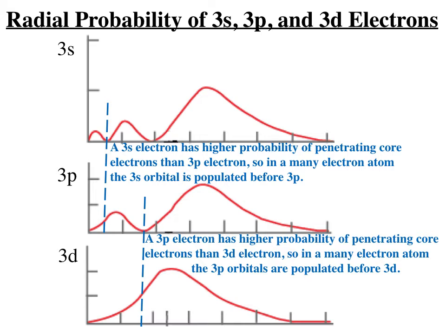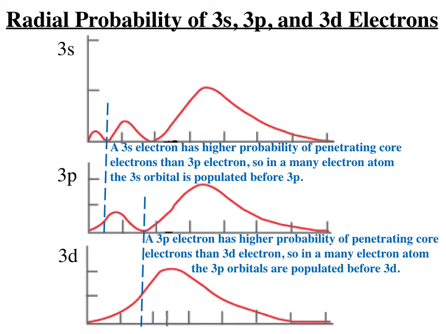The 3p also has a hump inside that allows it more likelihood of being inside the core and therefore experiencing more positivity than a 3d. So the 3d, it turns out, is higher in energy for a multi-electron atom than a 3p, and a 3p is higher in energy than a 3s.